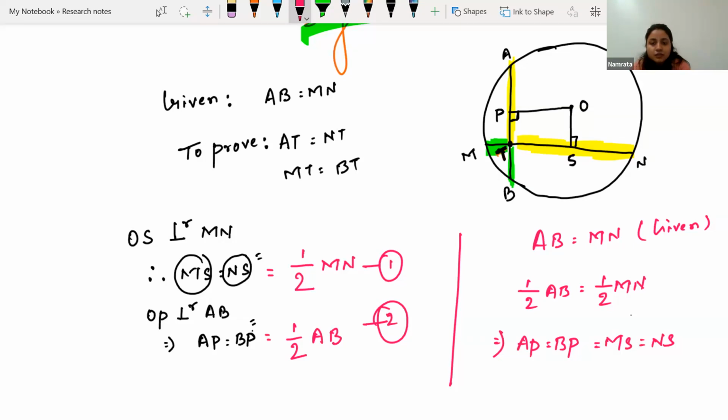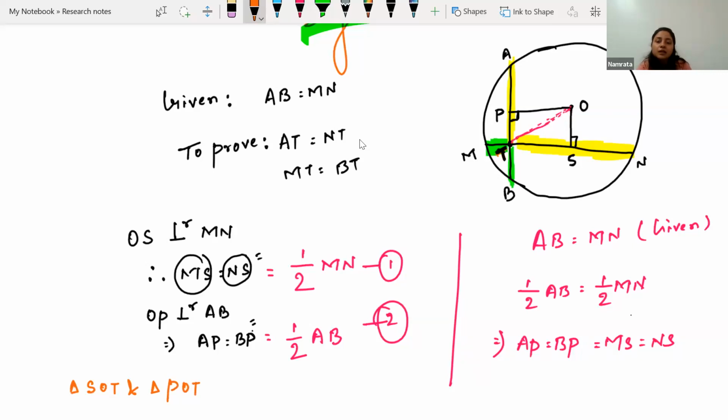Yes, sir. Now we will be doing one construction over here, and we are joining OT. Now we will be taking two triangles over here. In these two triangles, we can take triangle SOT and triangle POT.